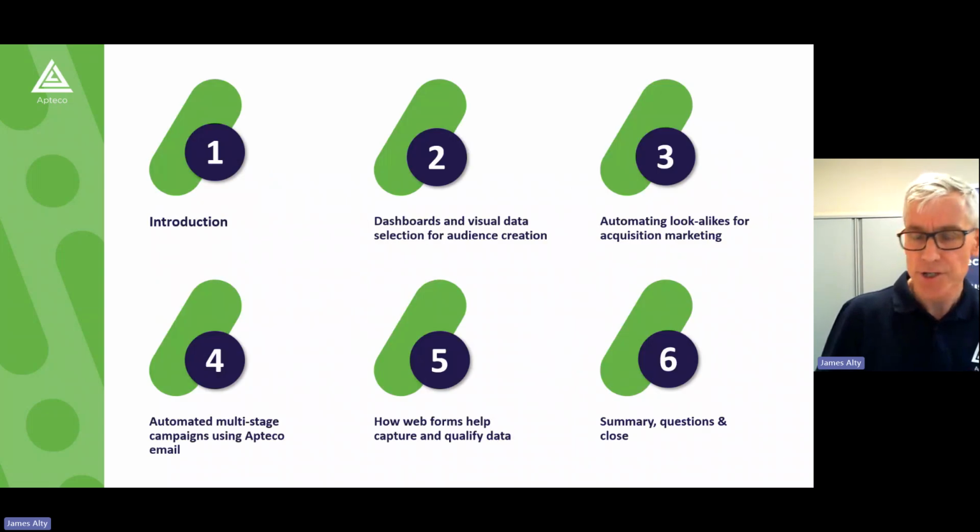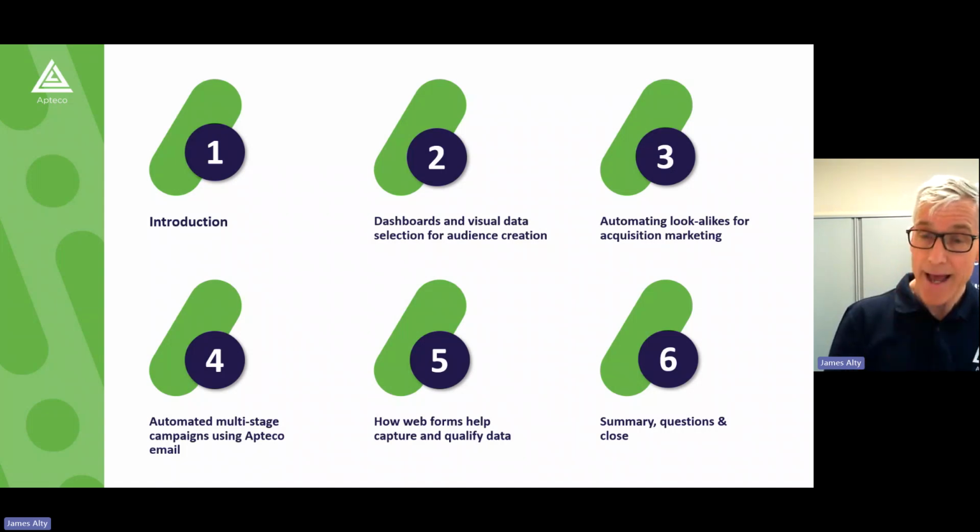I'm going to host the first session of this webinar. After the introduction, I will talk about the Aptico marketing platform dashboards and how they can be used for visual data selection to create audience cohorts, supporter groups, if you like, that can be used for further purposes, whether that's analysis or activation.